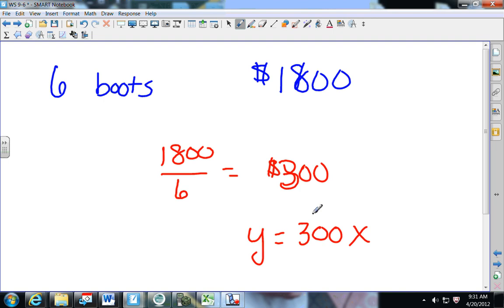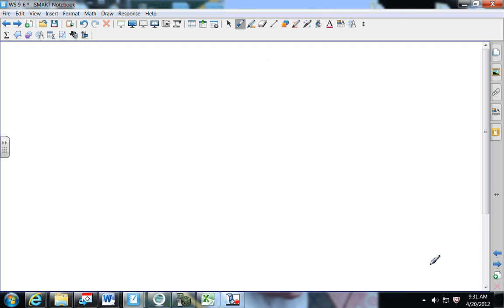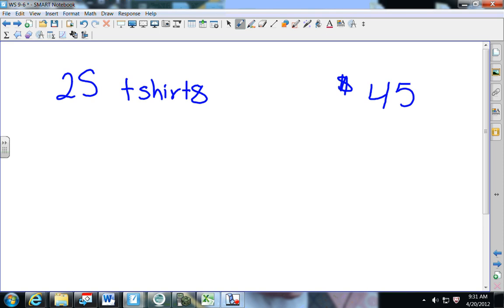Because this is actually the k. All it means is that's the amount you want to multiply by. So, for example, if I said I was buying 25 t-shirts and my total bill was $450, how much was each t-shirt?